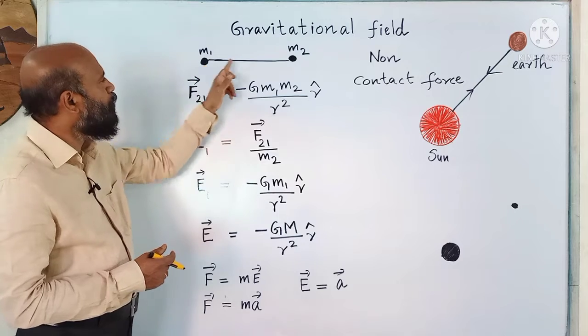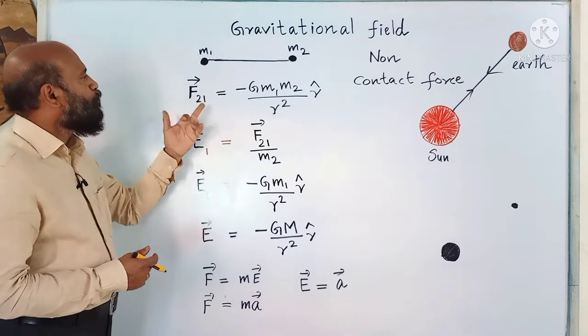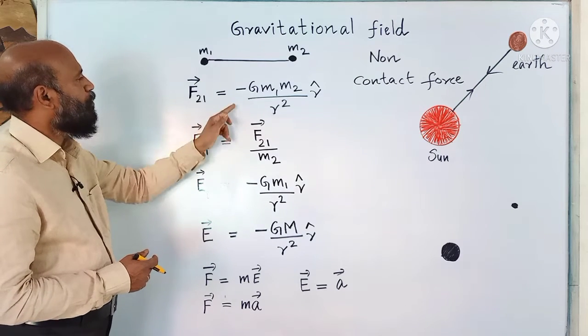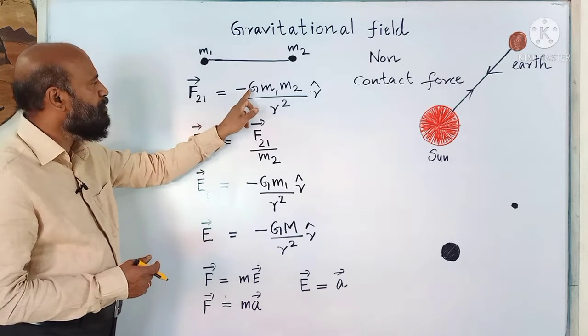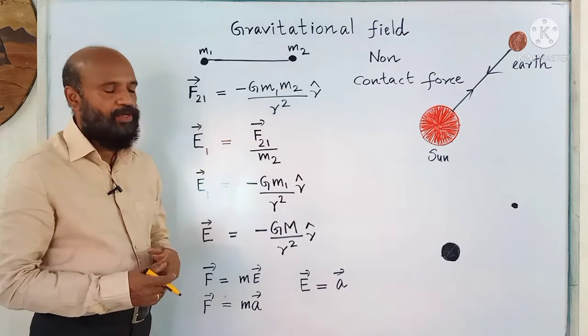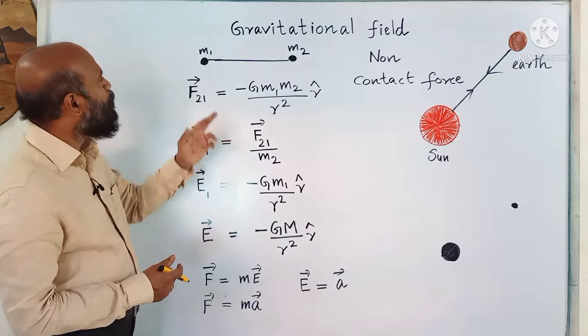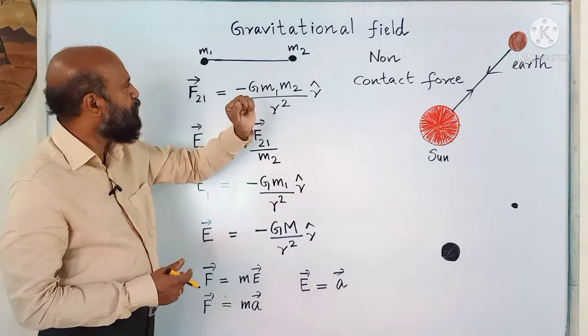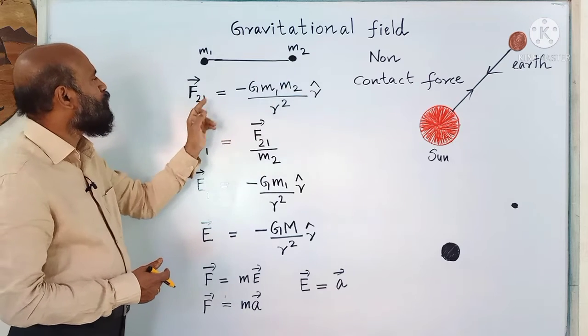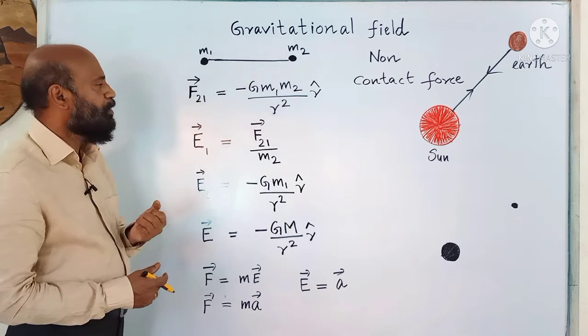Now two masses m1 and m2. Force experienced by the second mass because of the first mass is given by this relation: minus G m1 m2 by r square r cap, where r cap is a unit vector from first mass to second mass. Force experienced by the second mass because of the first mass is directed towards the first mass.